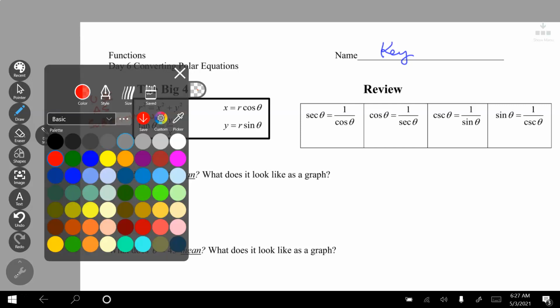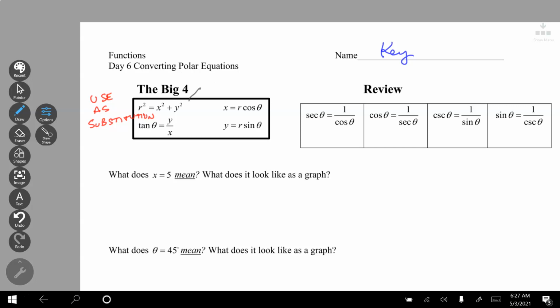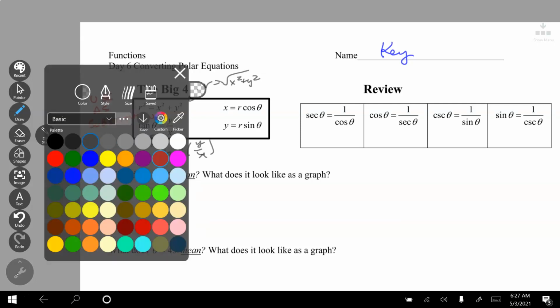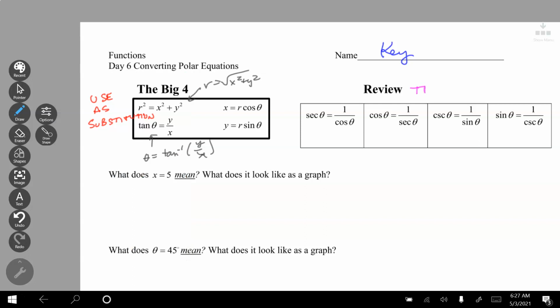Now, I know before we said that r was equal to the square root of x squared plus y squared, and theta was equal to inverse tangent of y over x, which is all true, but we tend to use the full form of these equations. And a little bit of review. We have our trig identities over here, realizing that 1 over cosine is really secant and 1 over sine is really cosecant.